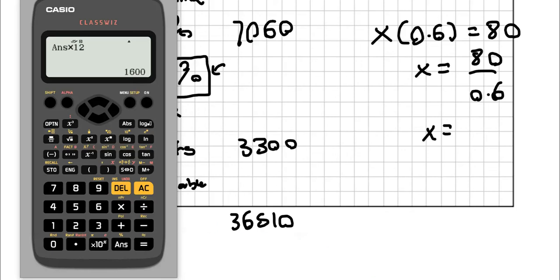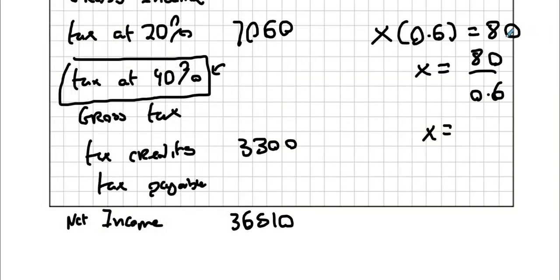Okay. So the deal was that it wasn't 80 we were looking for. It was 12 times 80, which is 960, because we want 80 a month, and that'd be 960 divided by 0.6, because any extra money we make, we only get to keep 60% of it.